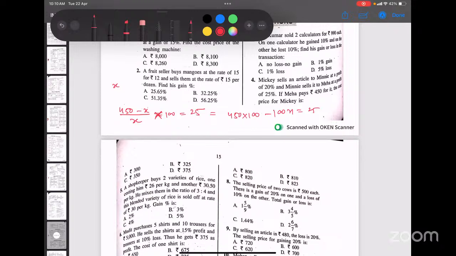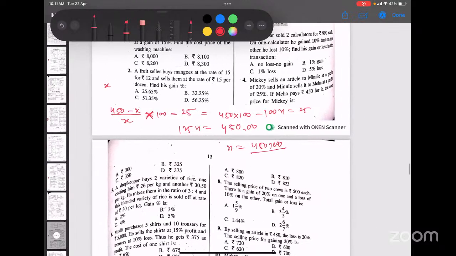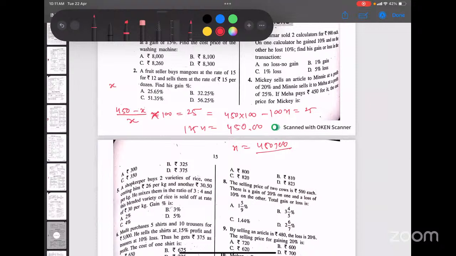So 125x is 450 into 100, and x will be 45000 divided by 125.